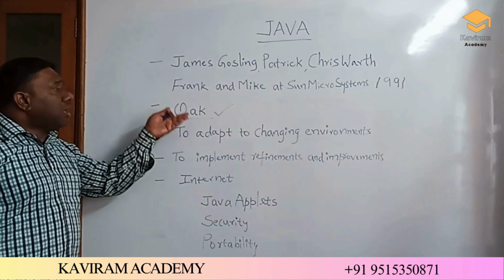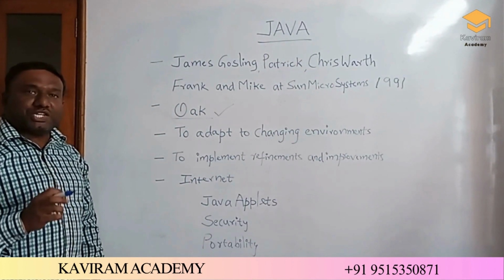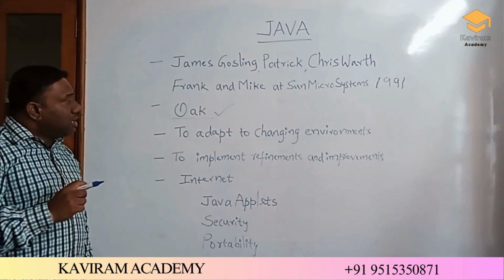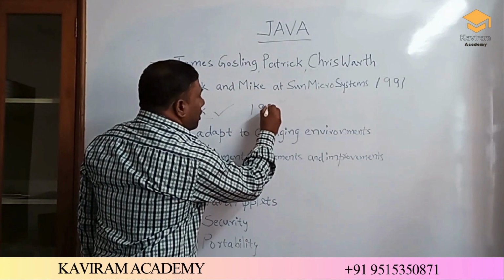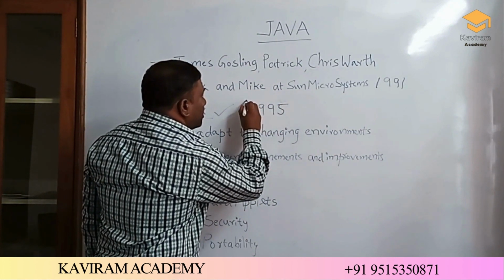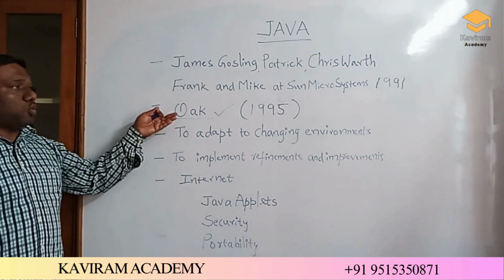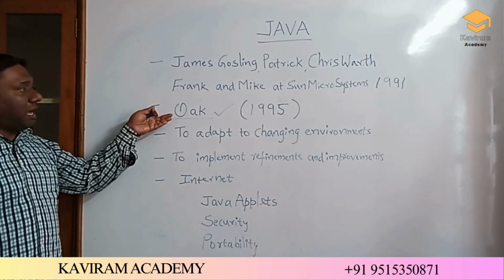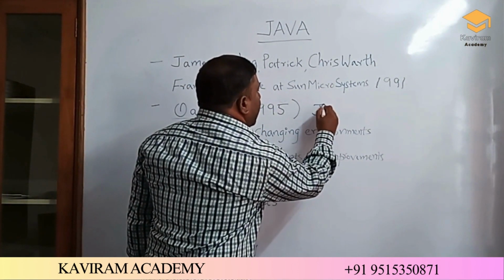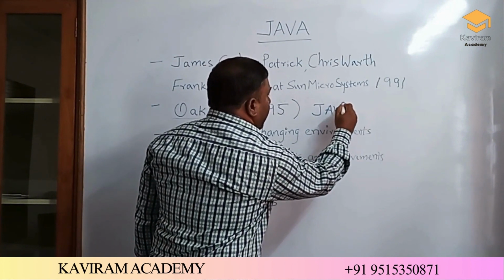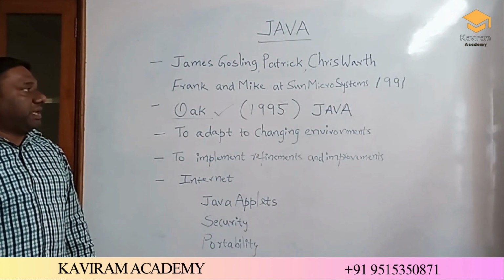Later, a lot of people joined their team and developed a new version, which was presented in early 1995. That version was named the Java programming language in 1995.